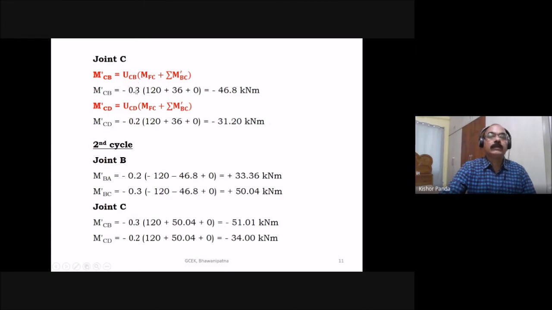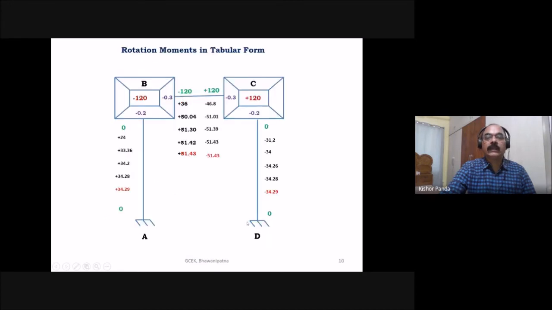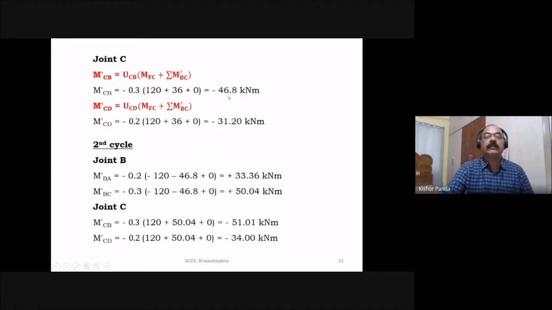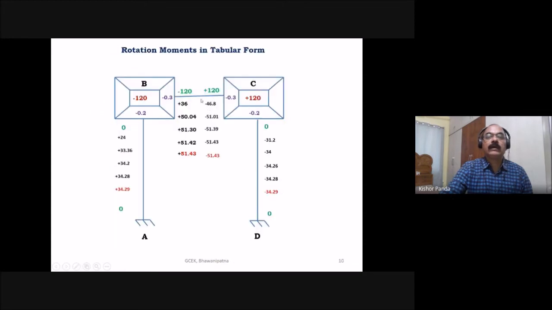So UCB you know, minus 0.3, and MFC 120, and summation of far end rotational moments: this side 0 and this side 36. So 0 plus 36, this is equal to minus 46.8 kilonewton meter, the near end rotational moment.